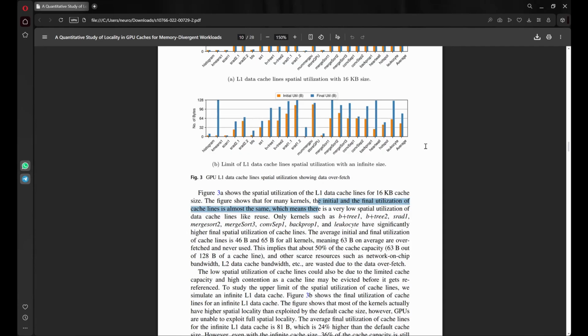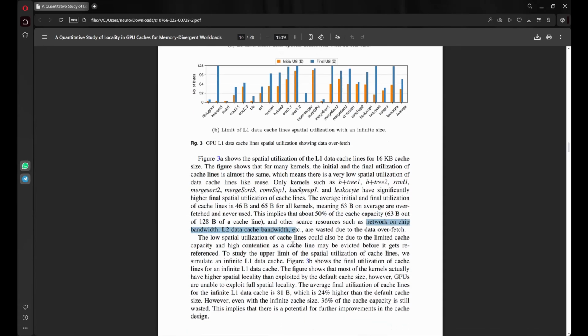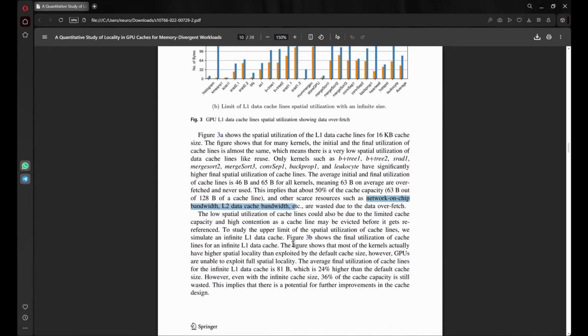And they again emphasize that this takes up network on chip bandwidth, L2 data cache bandwidth, and pretty much just lowers the performance of the system.